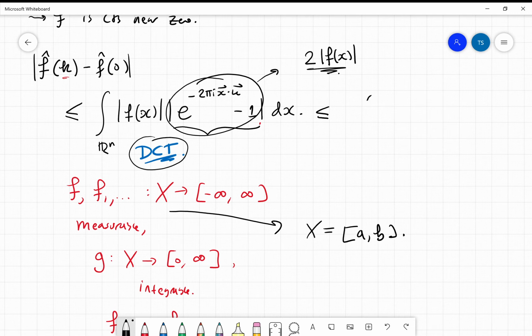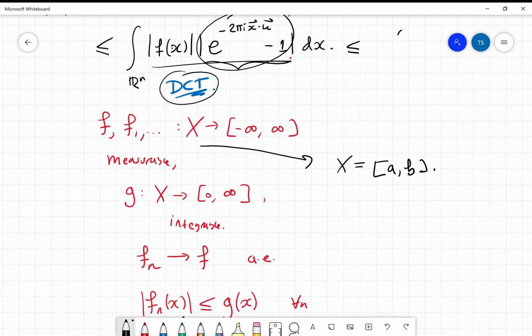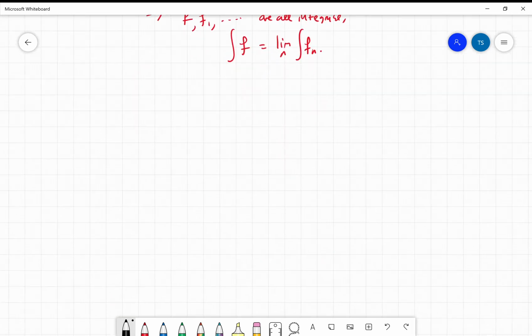So the integrand is dominated above by this, so we're guaranteed that the integrand doesn't blow up. In fact it's still integrable. And so by the dominated convergence theorem we can pass the limit, right? We can send k to 0 and we can interchange. And then the rest of the proof to show uniform continuity follows quite easily.